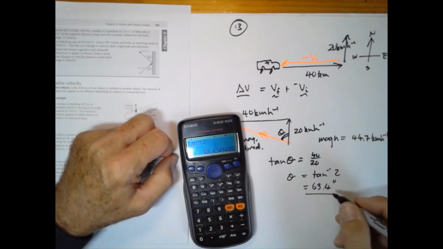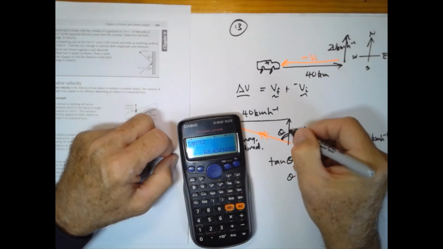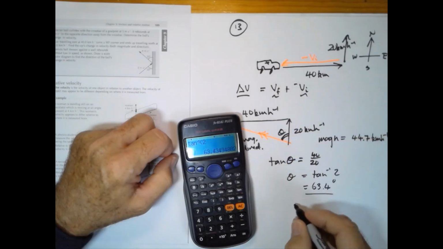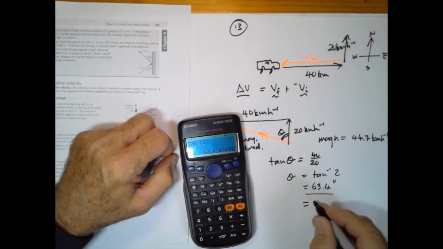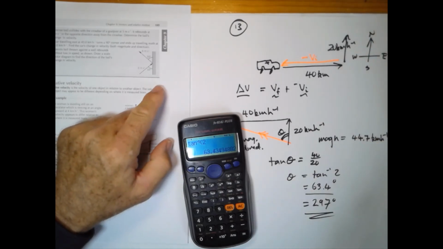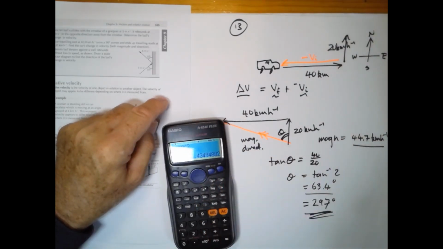So if we are going to give that a bearing, we will say 360 minus 63.4, the bearing is equal to 297 degrees. So that's the magnitude and direction of that change of velocity for that vehicle.